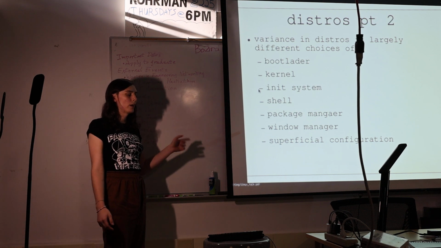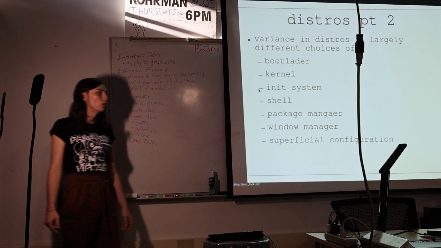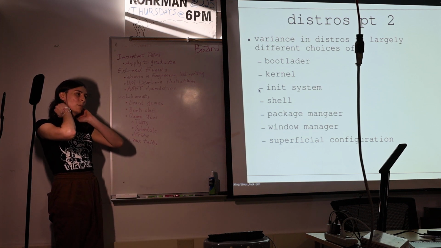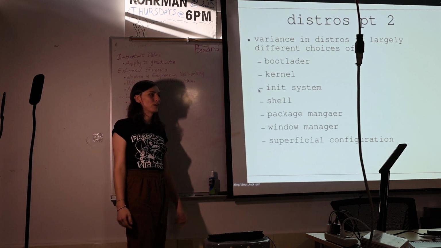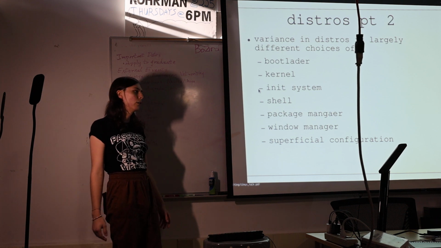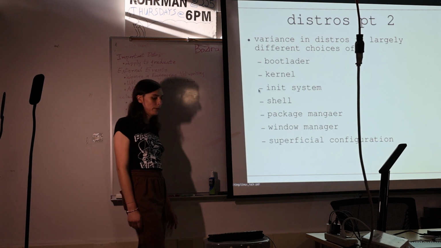The package manager, and the window manager, or maybe some distributions, like I think Fedora uses Wayland, but most still use X. And then superficial configuration, like the daemons that are automatically configured to turn on, the message of the day, you know, stuff like that.